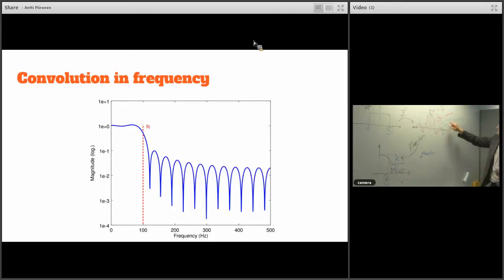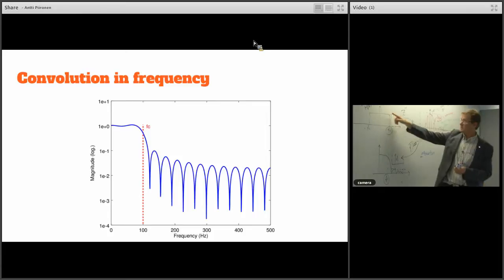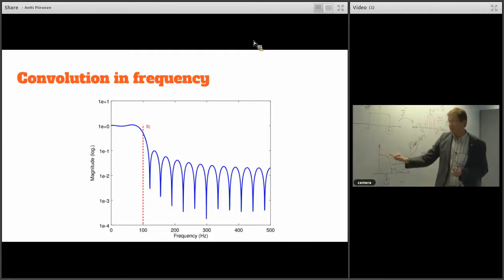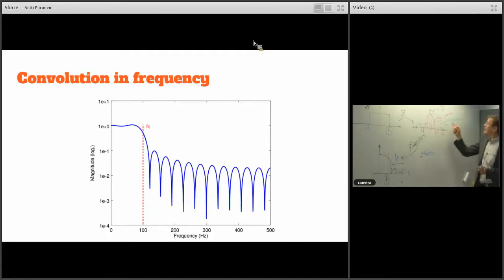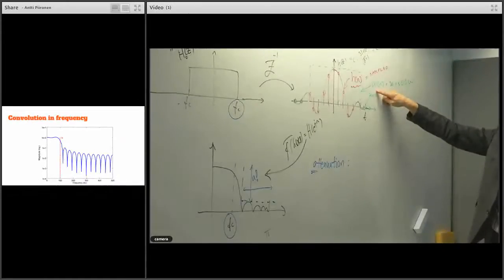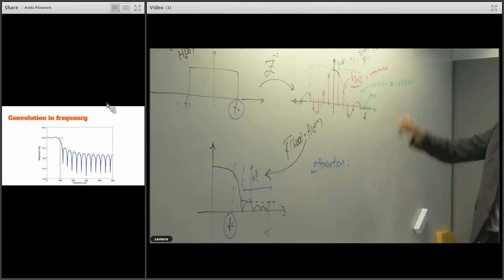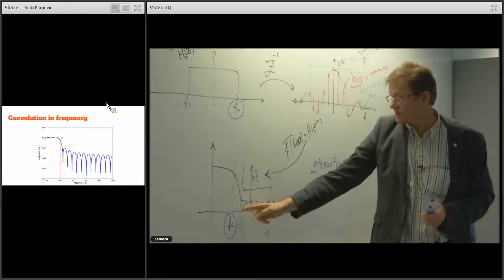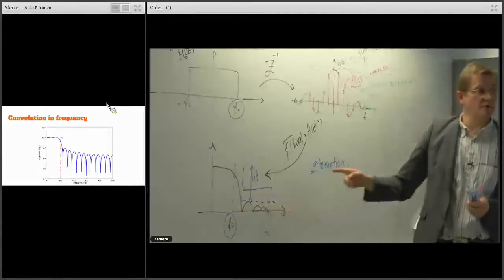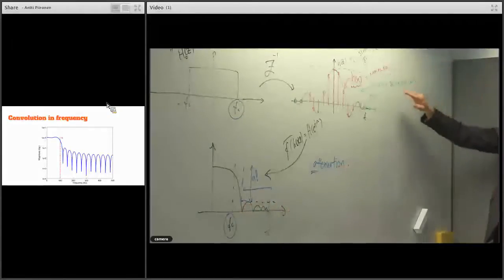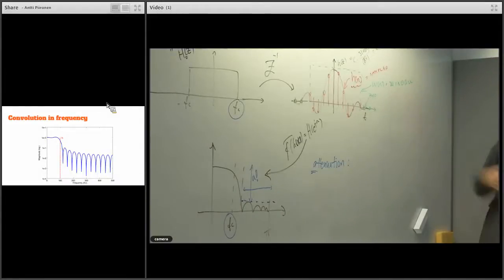So basically when we have this h times w of n, this part produces this box, back to the box, and this window produces the rest of the features we can see. So the transition bandwidth and the stop band are produced, more or less, only from this one.